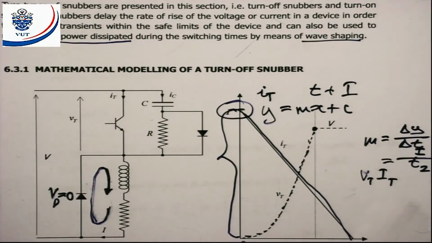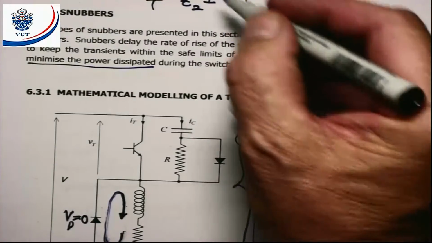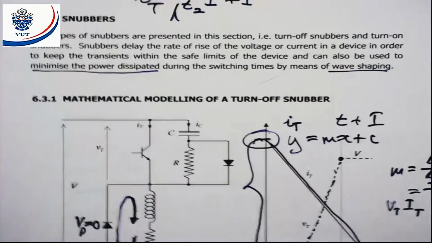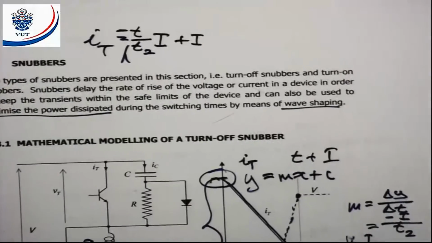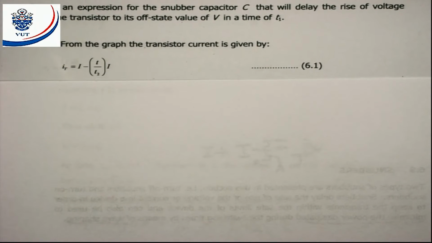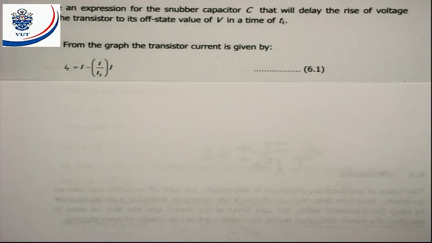Okay, the m, the delta y, was negative because it was 0 minus I, because the slope is negative. So I should have had a negative here in front, and that is still positive. So when we go to that first equation there, IT is equal to I minus T over T2 times I. We now know where it comes from.